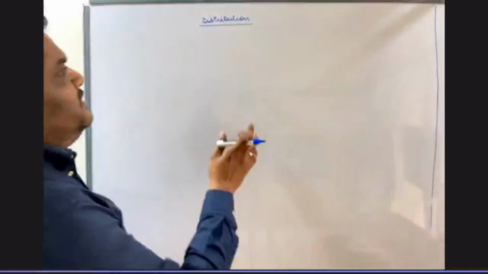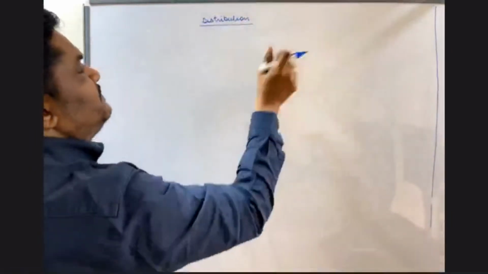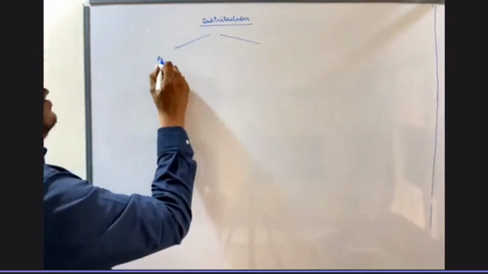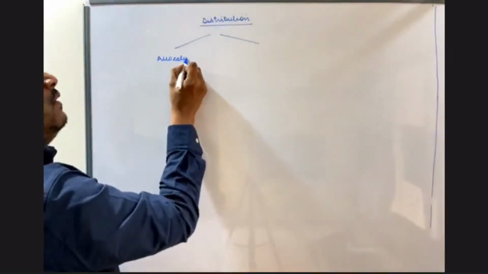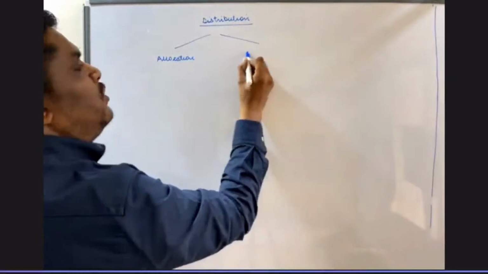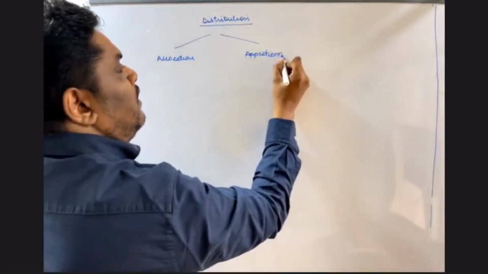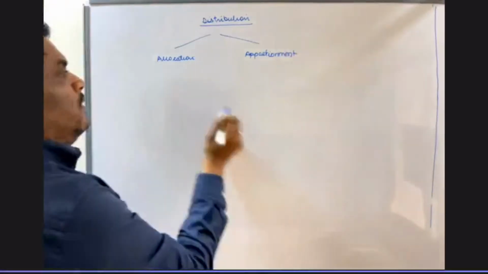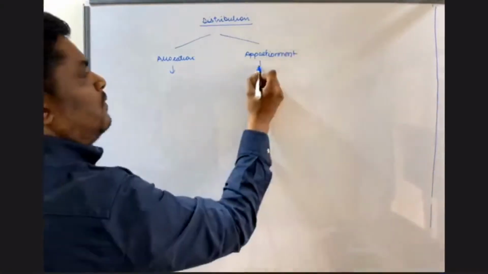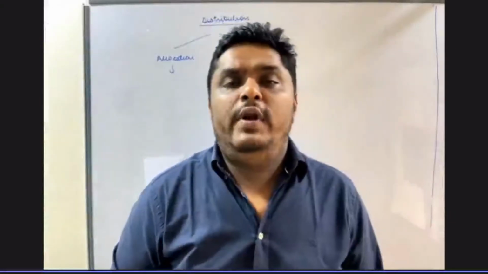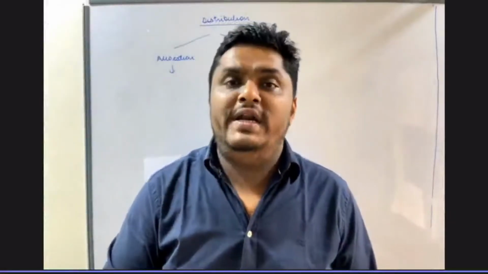When talking about distribution of overheads, it can be either allocation of overheads or apportionment of overheads.